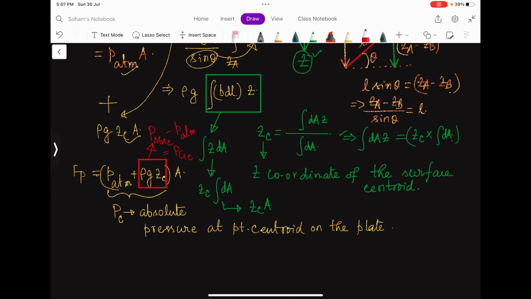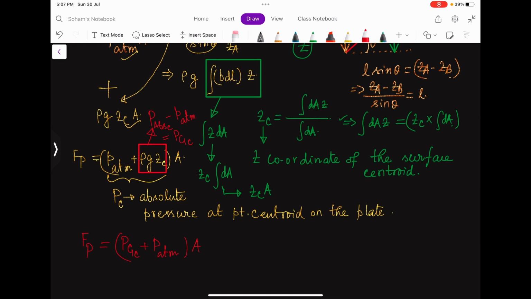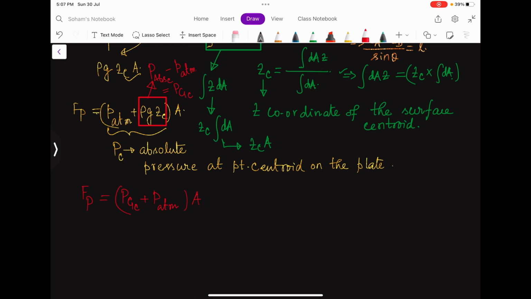Okay, so that means Fp is nothing but P gauge plus P atm, into area. P gauge at C. So just remember this very important formula, and this is the ultimate formula for deriving the force on a flat plate or on a plane surface submerged in the liquid.